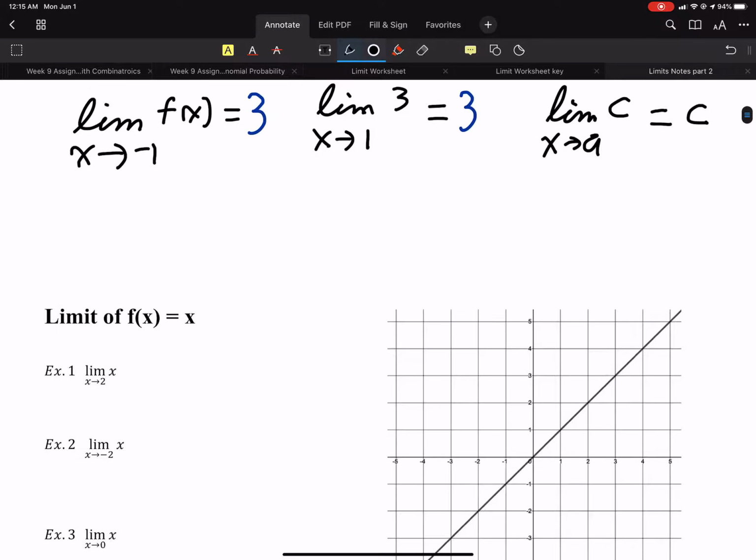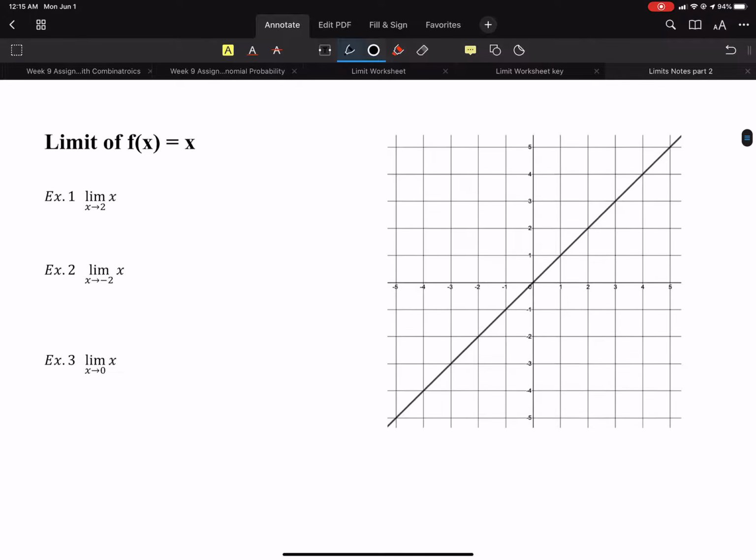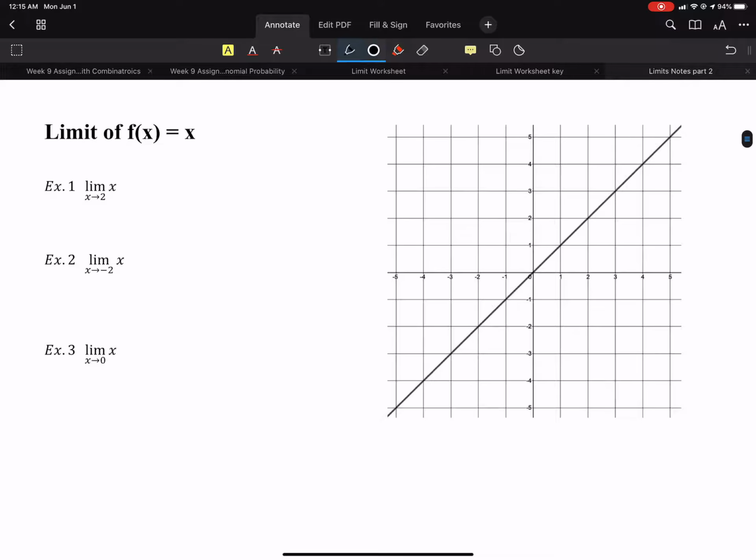Now the next is the limit of y equals x. f of x equals x is the function y equals x, and I have it drawn to the right here. Looking at this, we're taking the limit as x approaches 2. I'm going to circle 2. We're going to approach from the left and the right and see what happens.